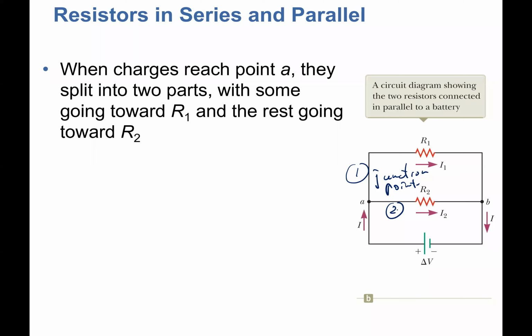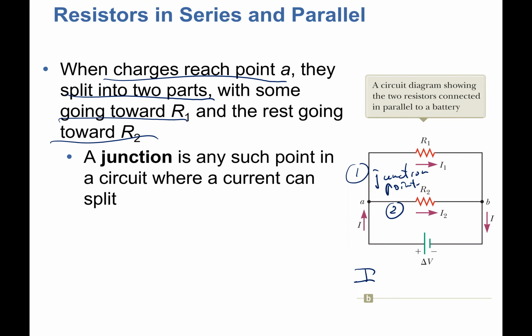That means this current I, the total current, when it gets to point A will split into two. The charges will split into two parts, with some going toward R1 and the rest going toward R2. The junction is a point in the circuit where the current can split, and the total current equals I1 plus I2.